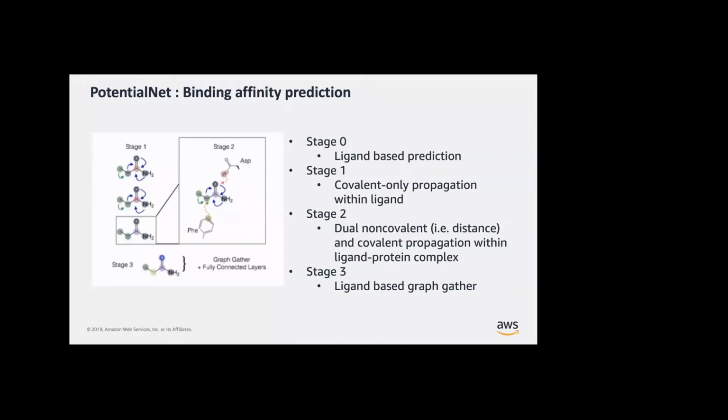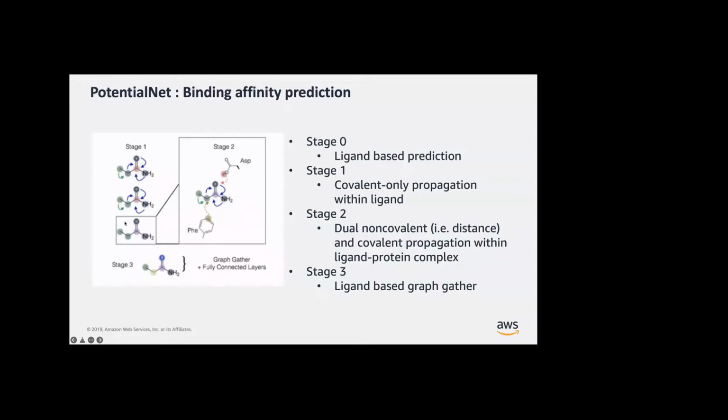Okay. So here's an illustration of how PotentialNet works. There are two different stages in the message passing. The first is message passing among the atoms belonging to the ligand. This molecule is the ligand, and it computes the message passing here.